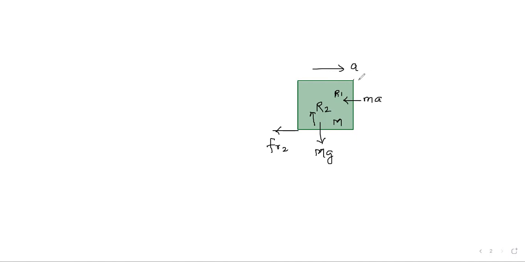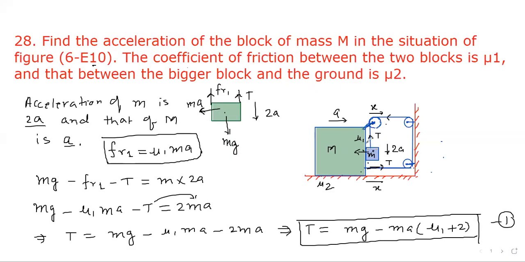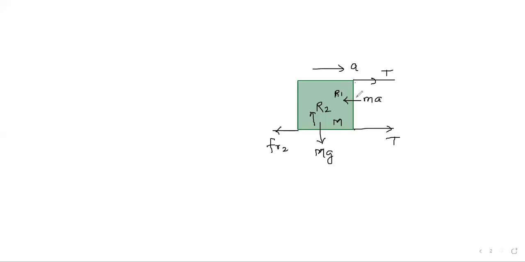Here, one more thing is there. One tension is in this direction, another tension is in this direction. And apart from that, in previous case, there was friction in upward direction. So according to Newton's third law, there is equal and opposite reaction. So there will be one friction in downward direction, and that will have same value, friction 1.